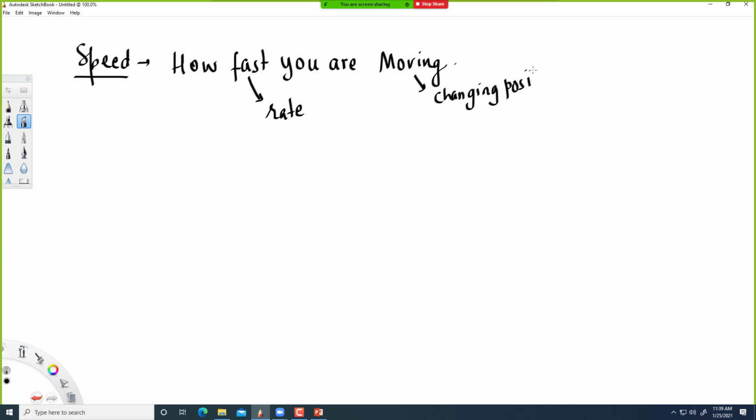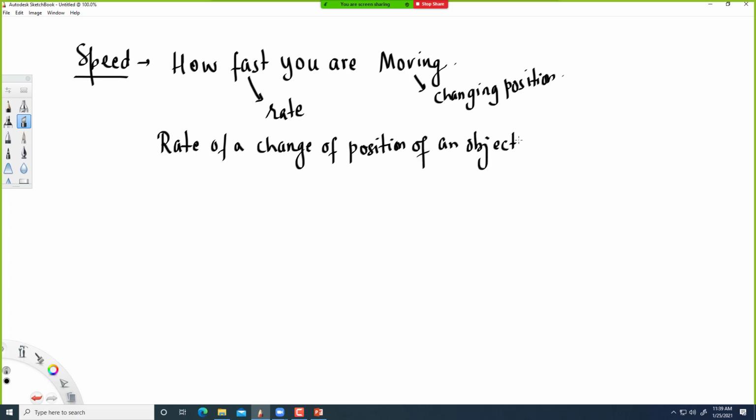So the formal definition of speed is the rate of change of position of an object, meaning how fast you are changing the position with respect to the origin.